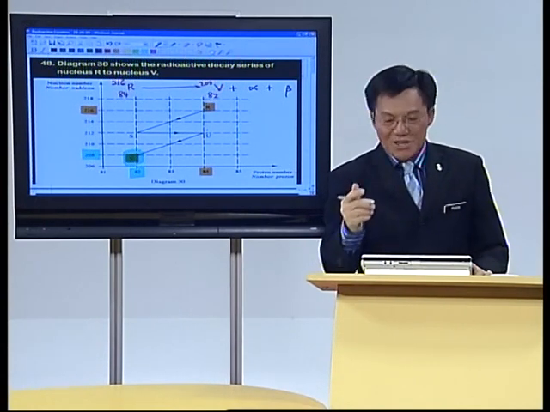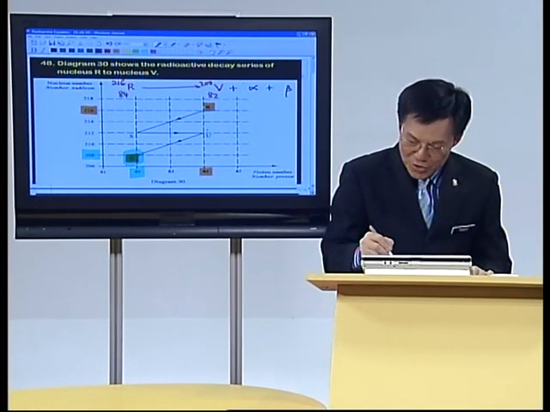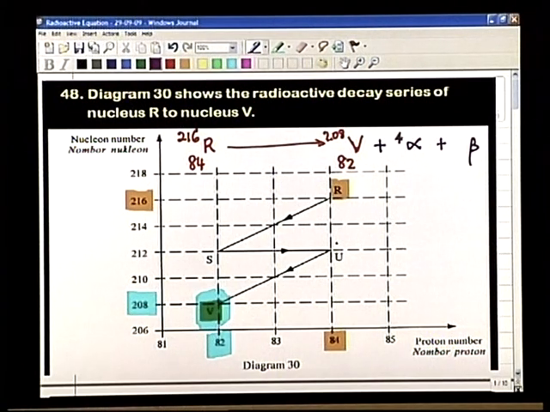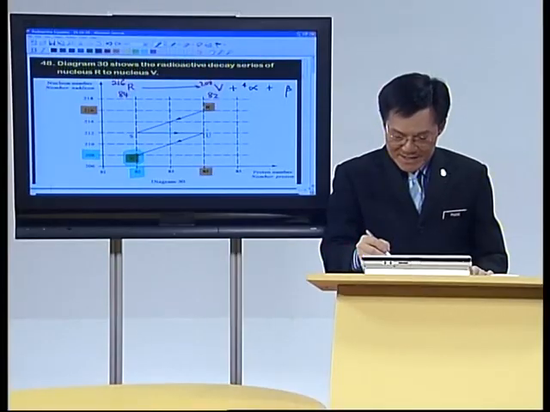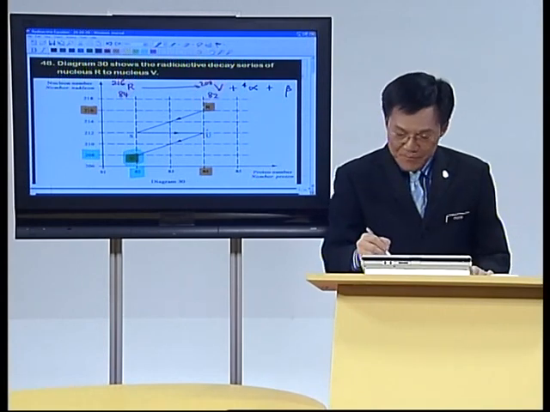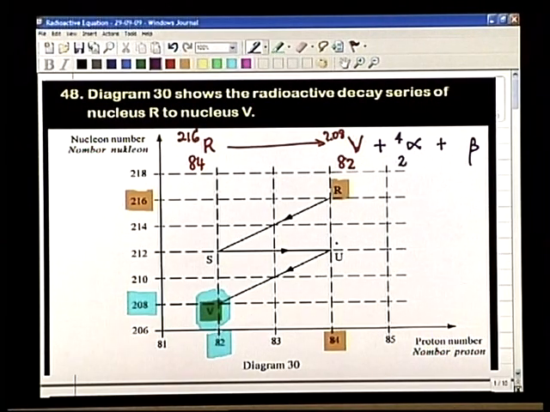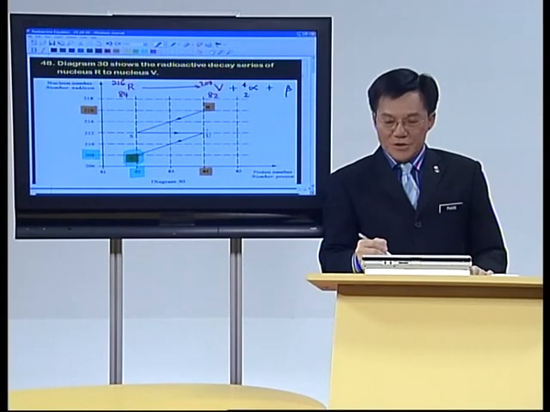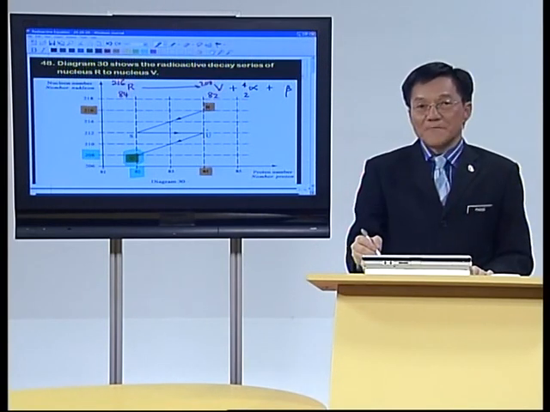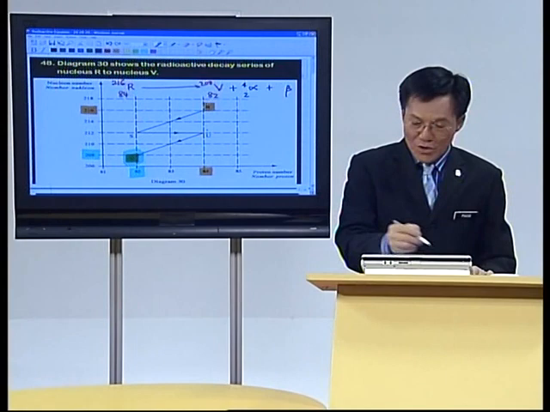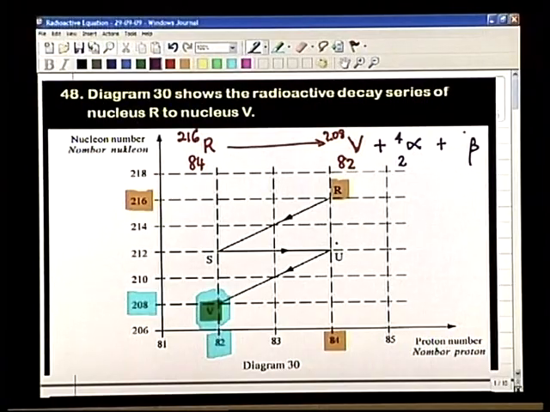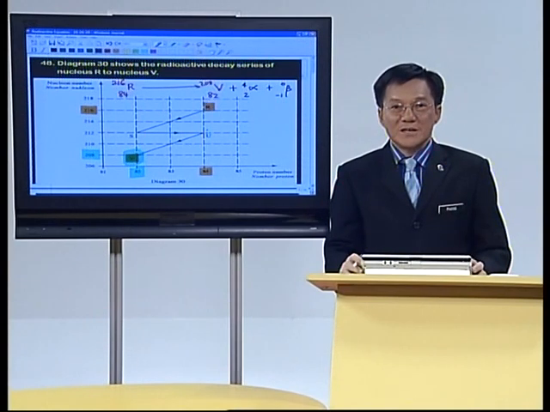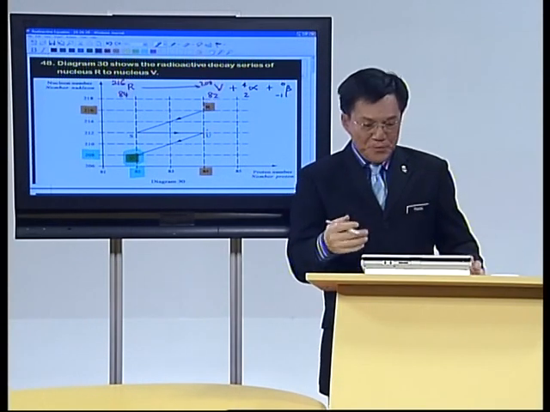Alpha, what is the nuclear number? You must know that it is 4. And what is the proton number for alpha? It is 2. Alright, so far so good. And for beta, what is the nuclear number? It is 0. And what is the proton number? It is -1.